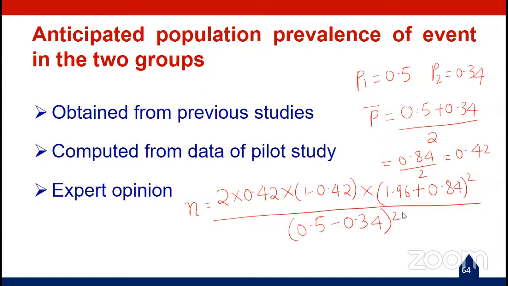If we do this, we will get the sample size in each group. Let me calculate. So we will get approximately 150 per group.